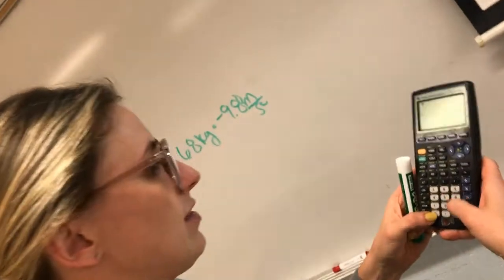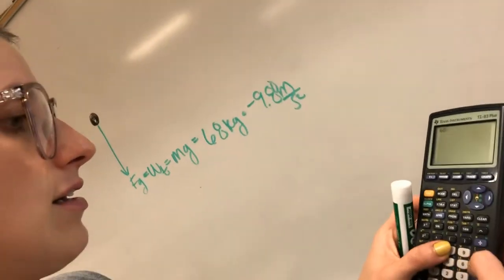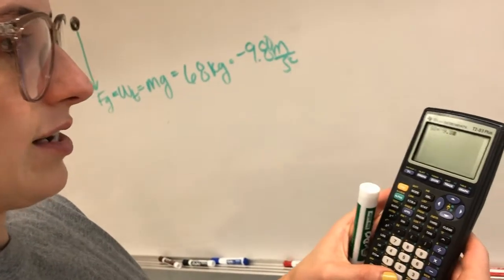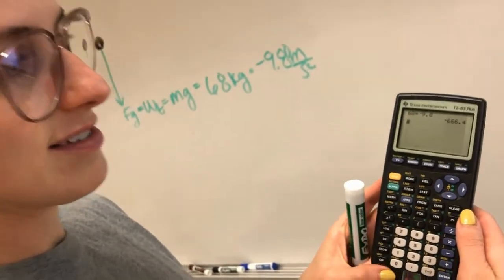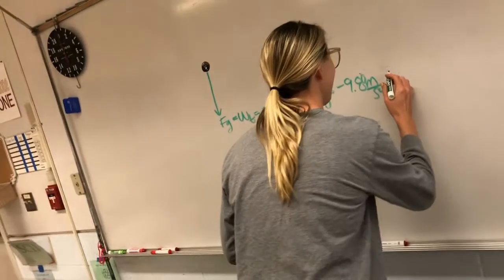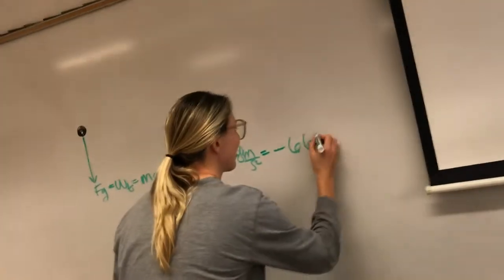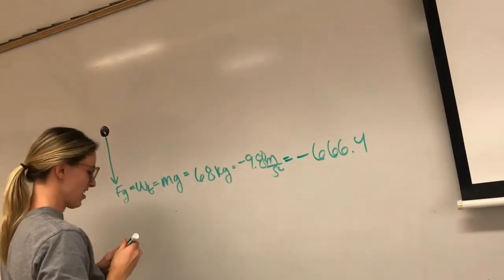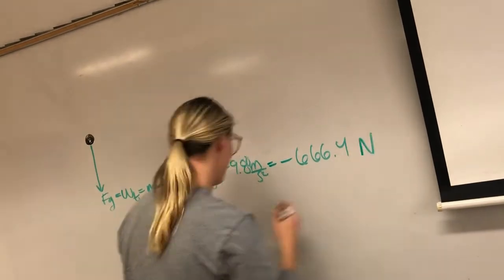Okay, so I get 68 times negative 9.8, and I get negative 666.4. Newtons.